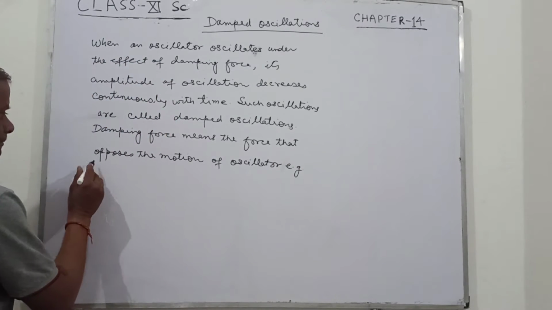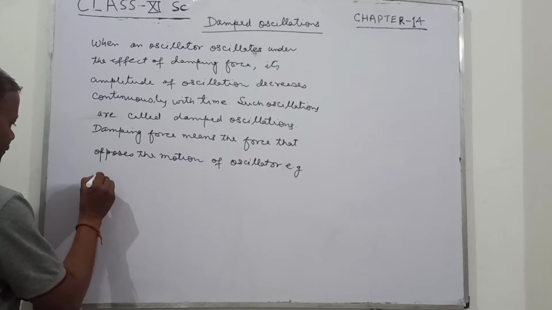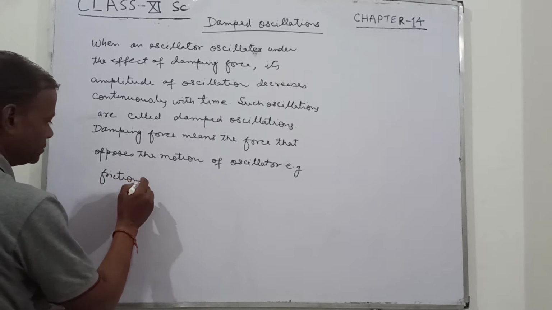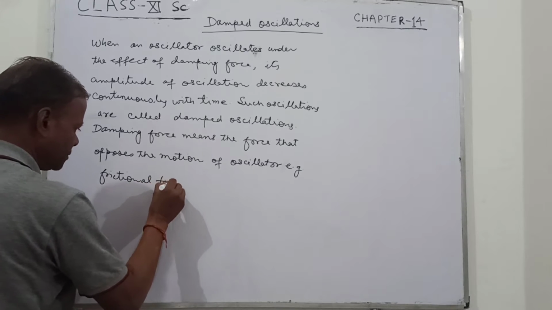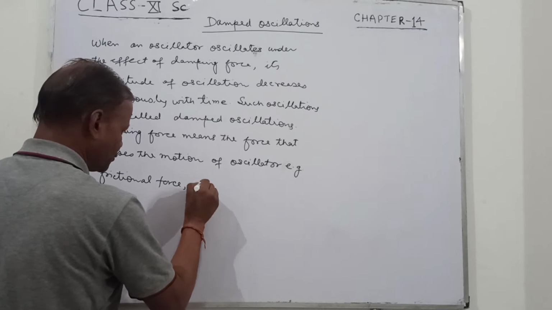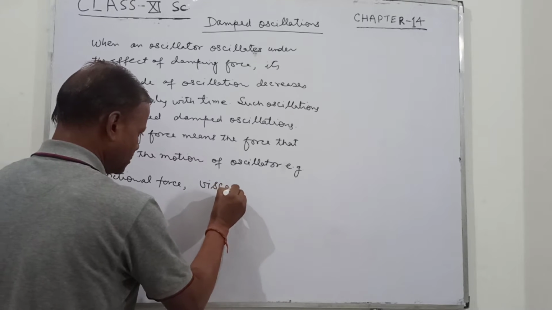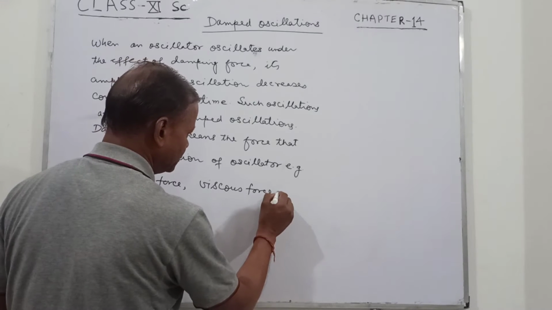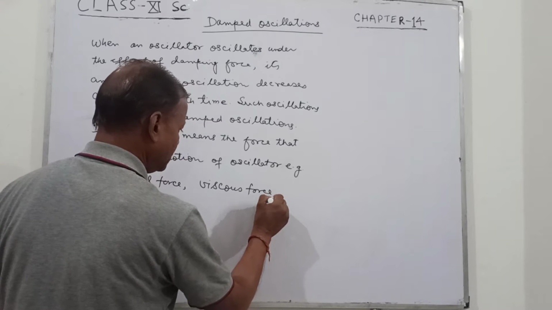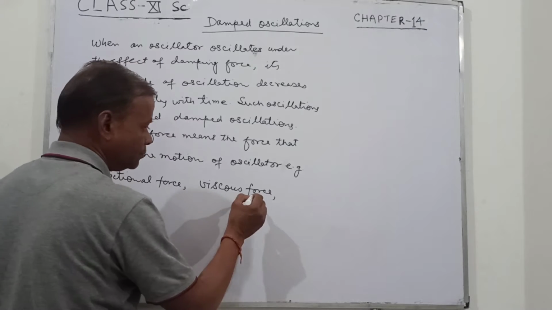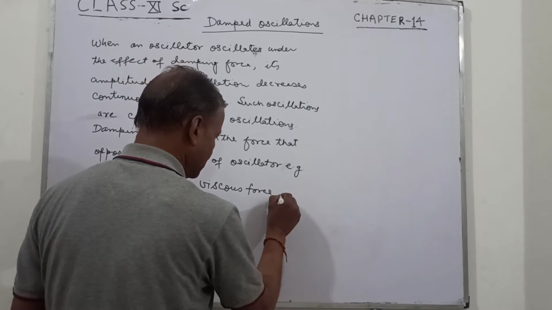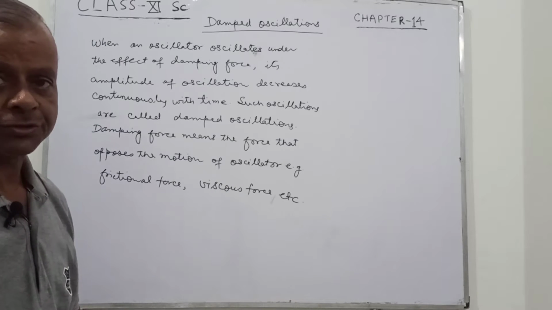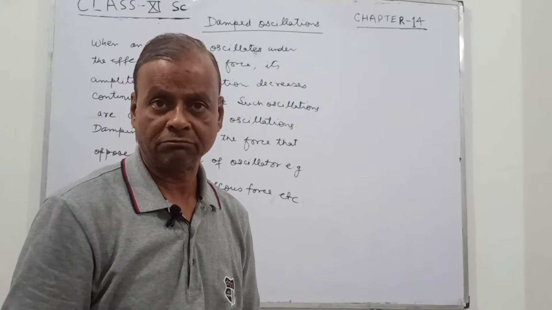For example, the frictional force, viscous force, etc. So all these forces always oppose the motion of the oscillator.